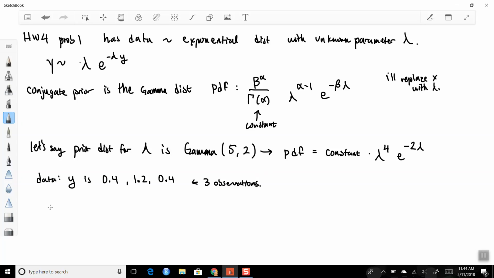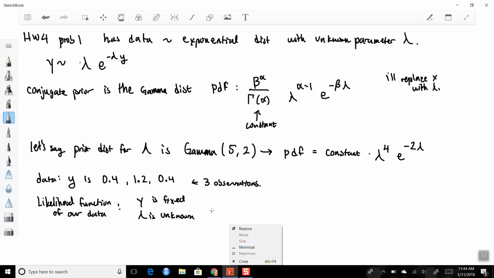So let's figure out the likelihood function of our data. We treat y as fixed, our observations are fixed, and the thing that's unknown is our parameter lambda.